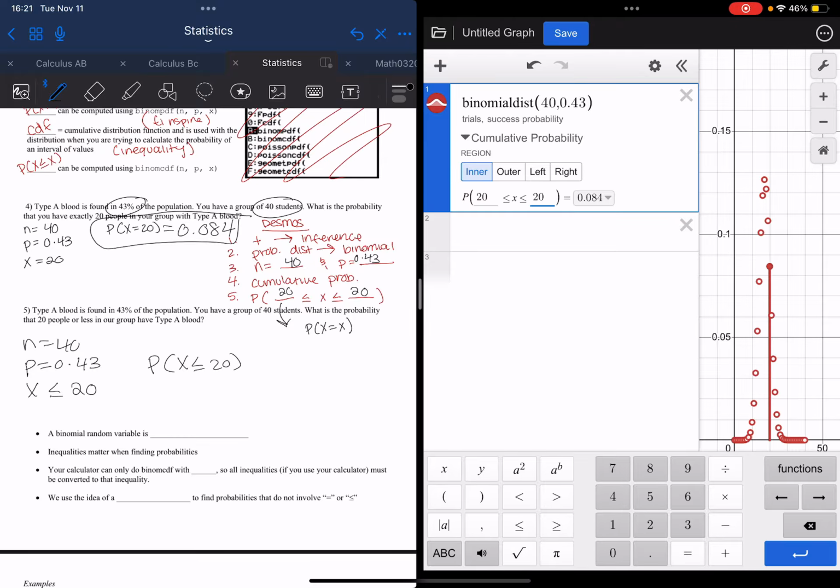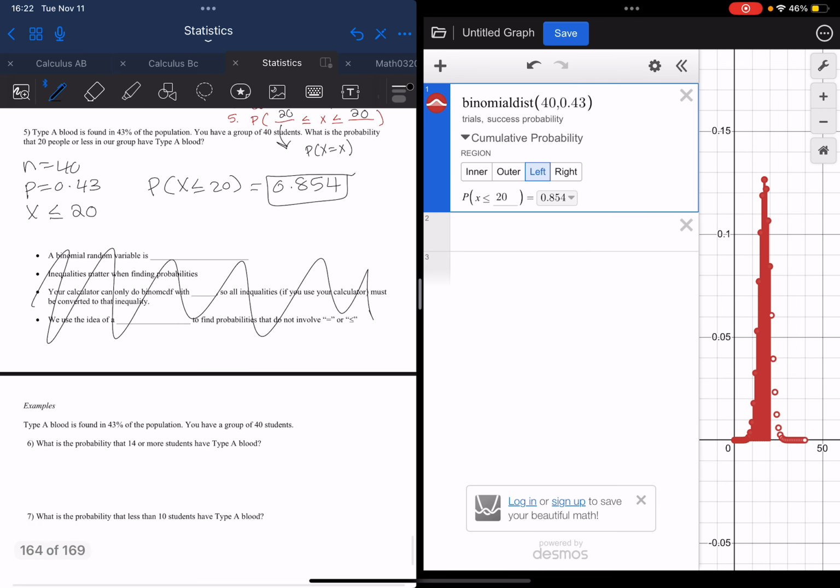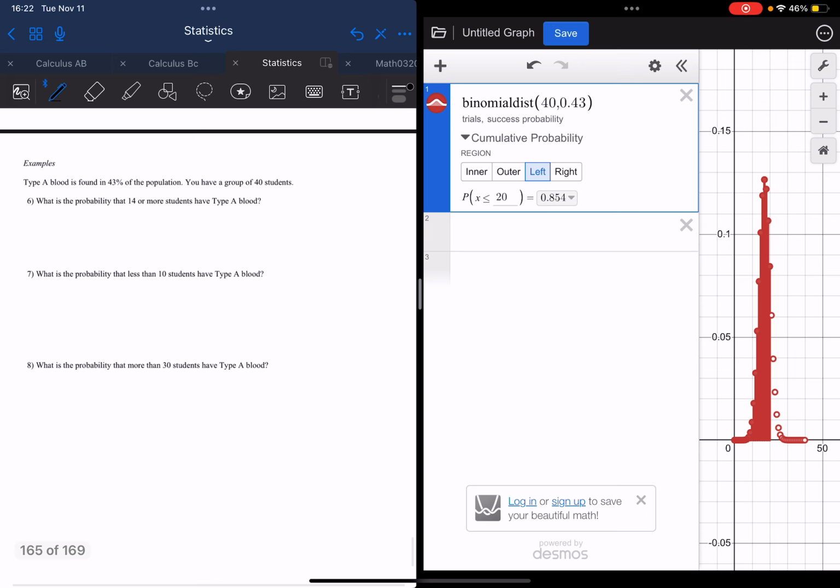And I'm going to go back over here and I'm going to look at each of these regions. So this is inner, outer, left, and right. Notice that the inequality that I want is on the left region where X is less than or equal to 20. So since 20 is already inputted here, I have 0.854 as my answer. Cross out all this. We don't care about that. And let's continue on more examples.